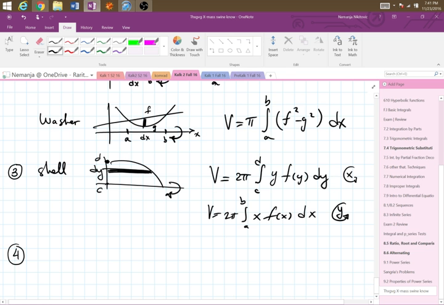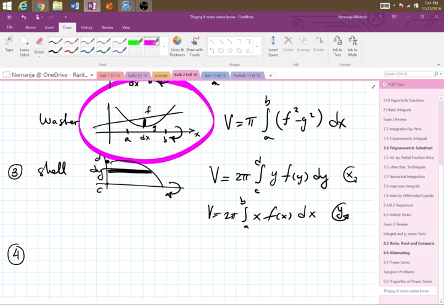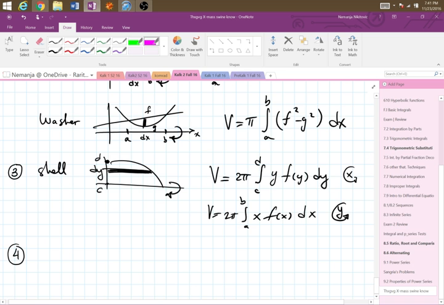It's a and b or c and d are always the interval in between which the dx or dy will move. So if you visualize, in this case here, you have this representative rectangle, literally 0 height at a, and then as it slides to the right, it sweeps all of the values between a and b, which is the x part, and arrives at b. And it's always perpendicular to the axis of rotation, which was x.